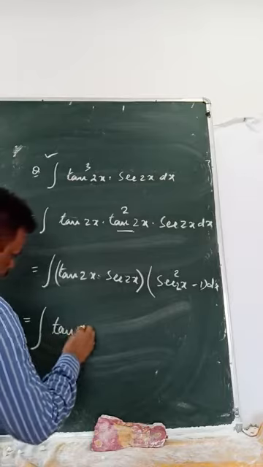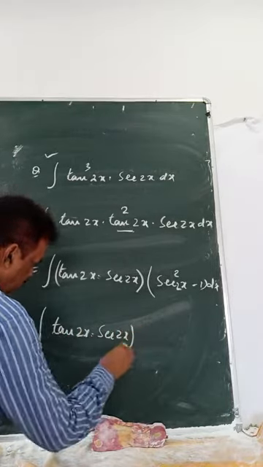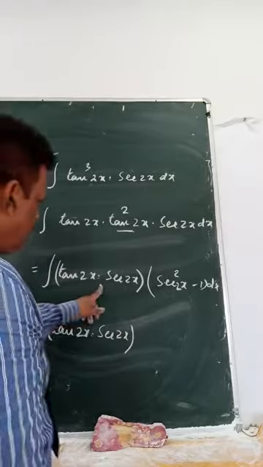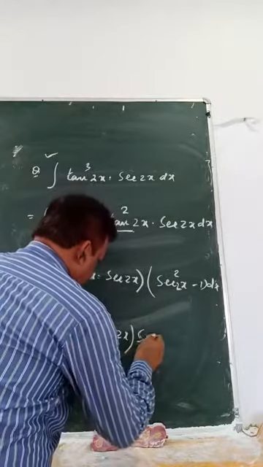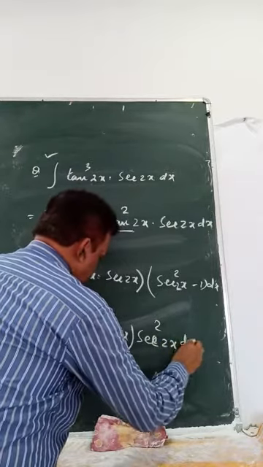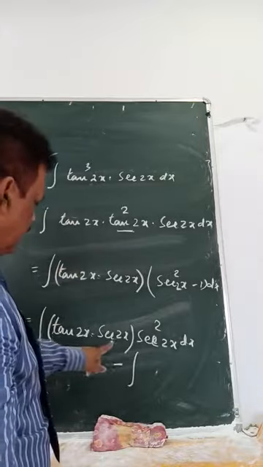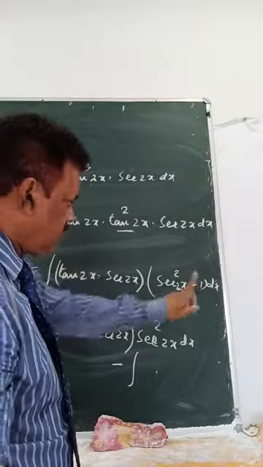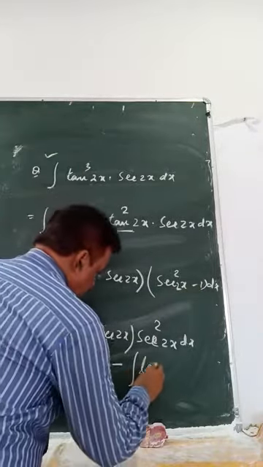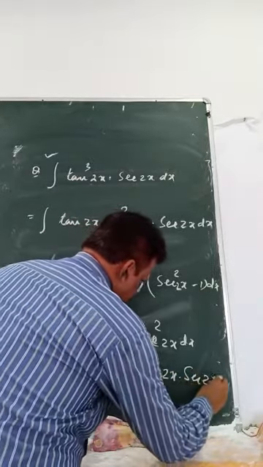Tan 2x sec 2x together with sec square 2x dx minus, this is multiplied with 1, tan 2x sec 2x dx.